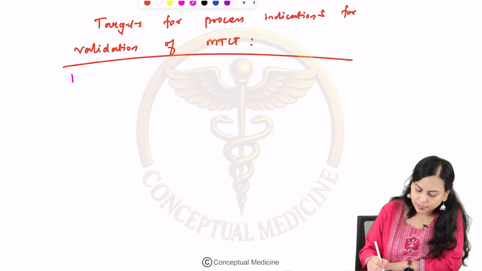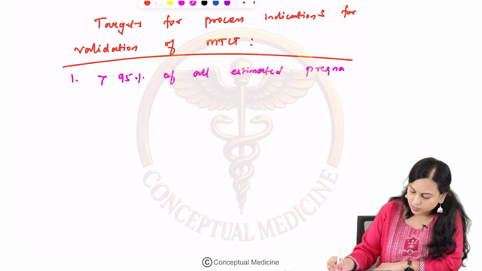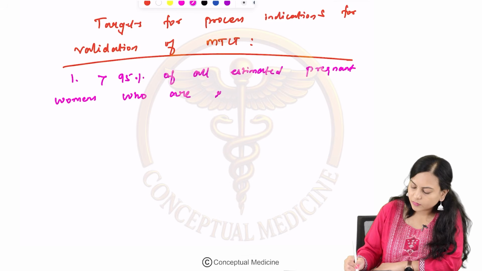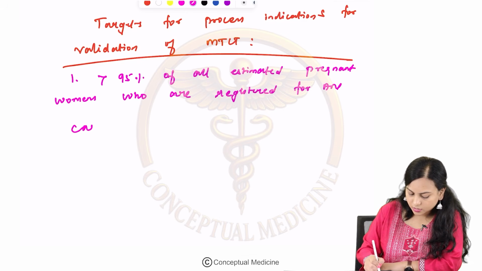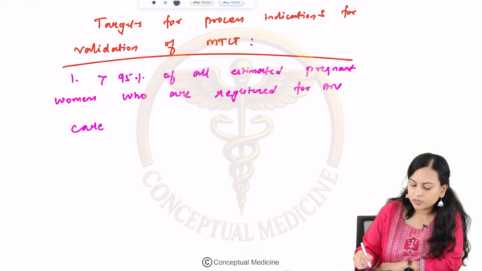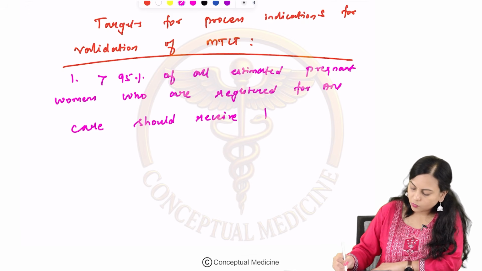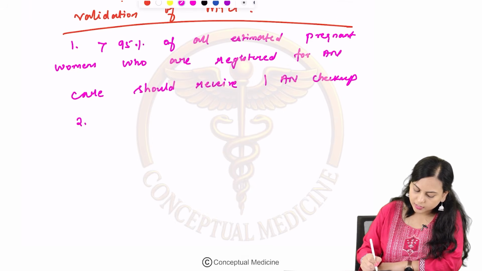So, these include number 1, more than 95% of all estimated pregnant women who are registered for AN care, and repeat, AN care, should receive 1 antenatal checkup.